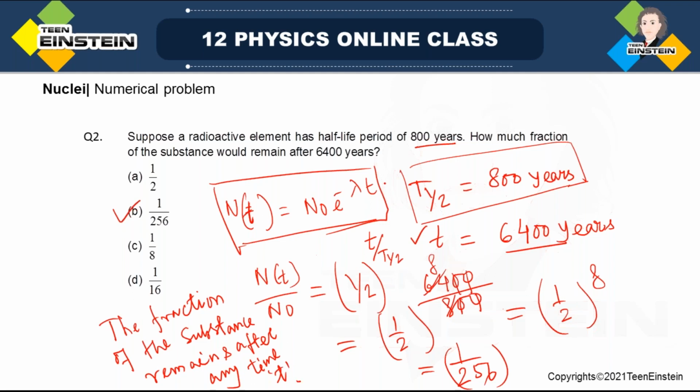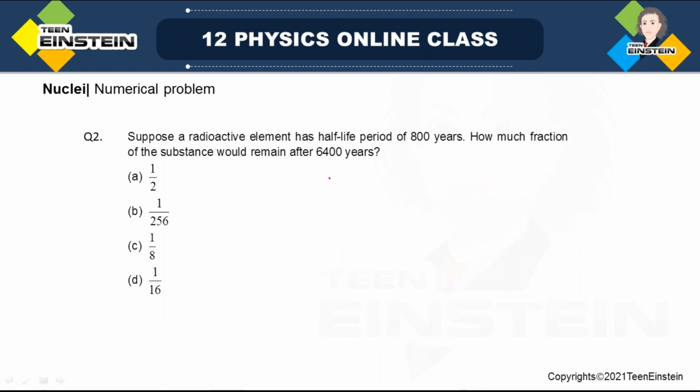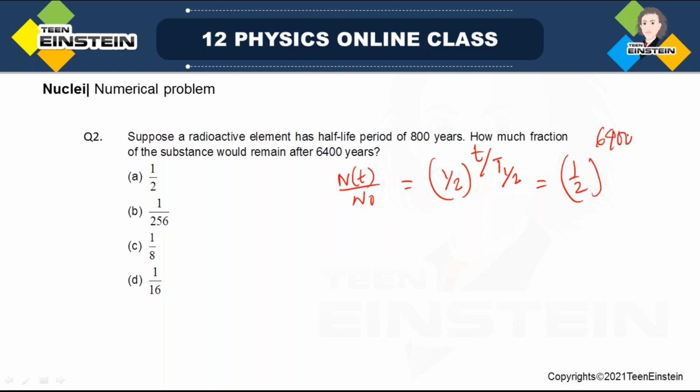Maybe I'll clean it, it is too hazy. I'll write it once again, Nt by N0. This is the fraction, equal to half to the power t by t half. That means in this case, half to the power 6400 by 800.